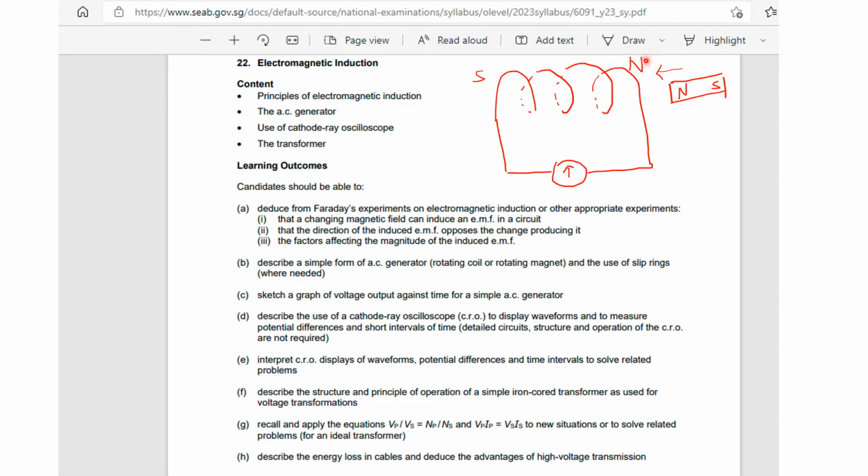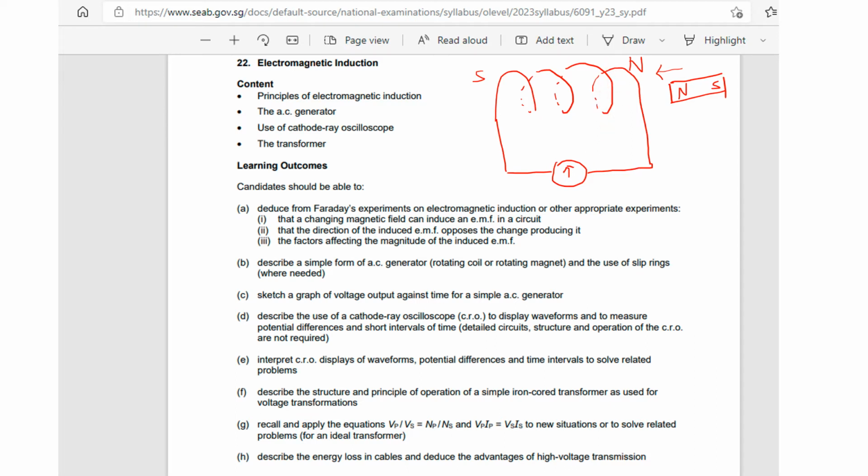Next, how do I know the direction of the current? To do so, you will make use of your right hand grip rule. Your thumb must be pointing in this direction, so use your right hand with the thumb pointing this way. Look at your fingers. You notice that your second, third, fourth and fifth fingers are pointing downwards.